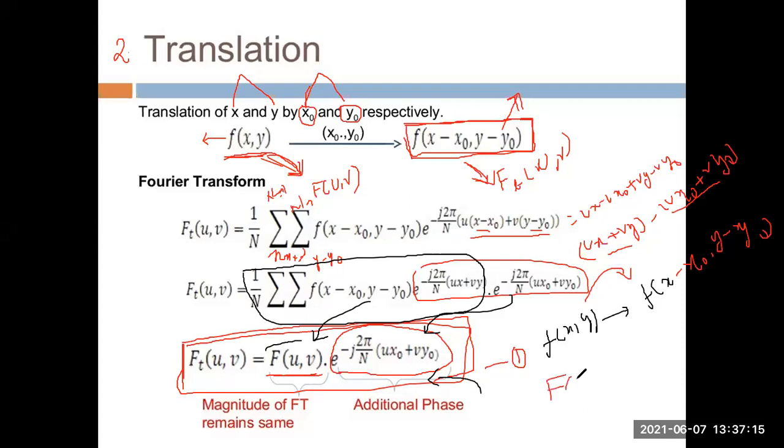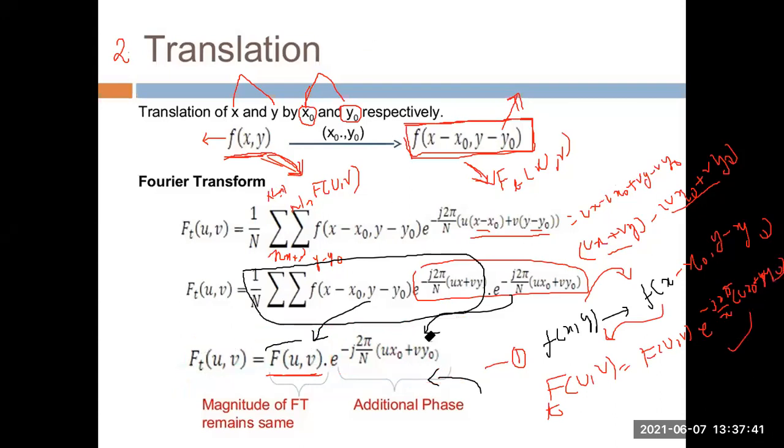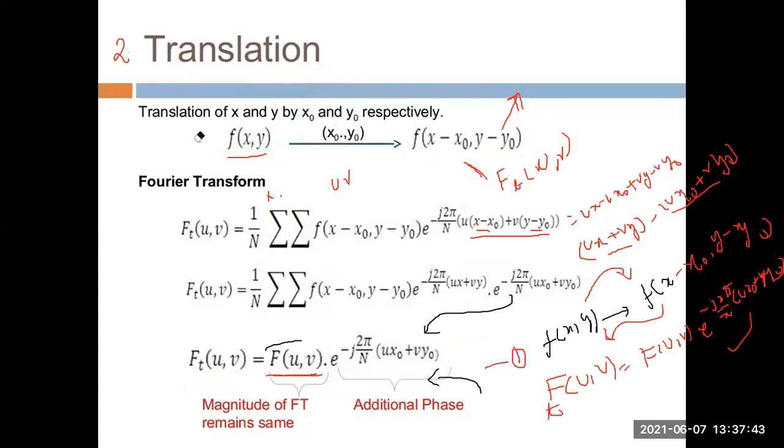The frequency domain F of u, v will be nothing but your original Fourier transformation multiplied by e to the power of minus j 2 pi upon n, where there is an additional phase angle. This will be u x naught plus v y naught. So this is the addition of phase angle. Fine. This is called the translation property of the Fourier transformation.